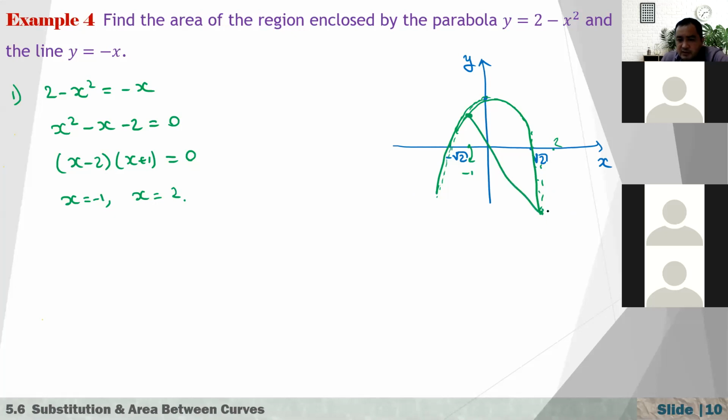When x is 2, y is minus 2, and when x is -1, y is 1, okay? So the question is, what is the region enclosed by these two graphs?